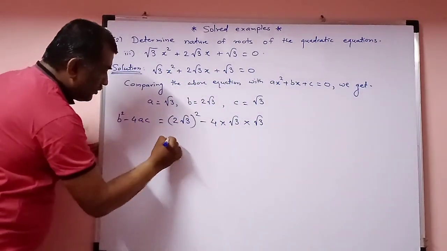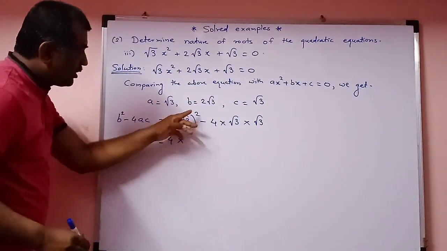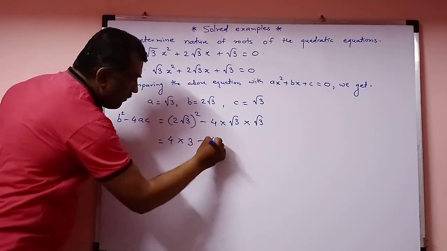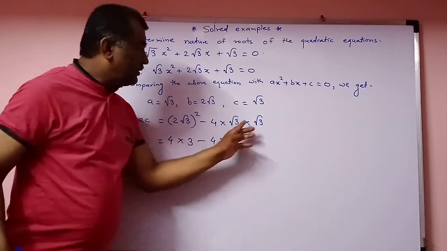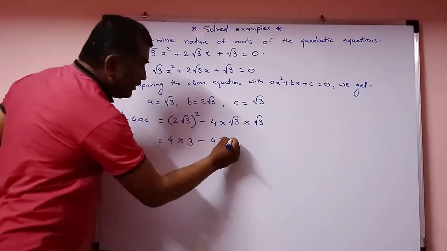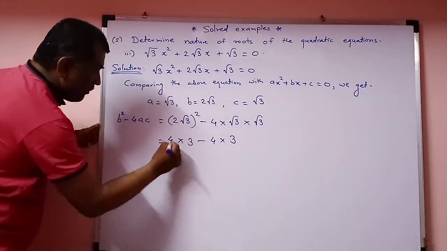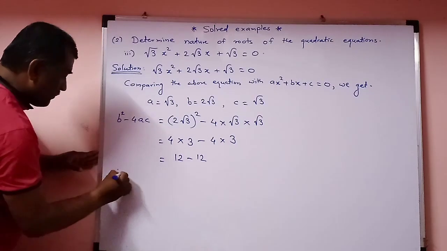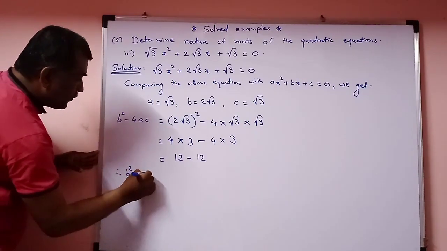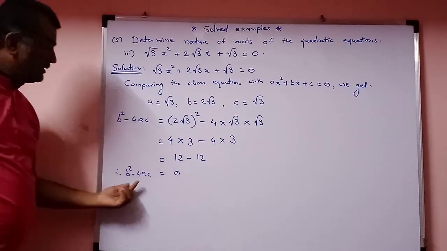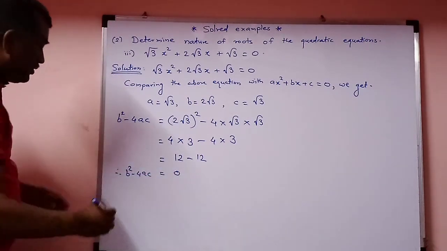Square of 2 is equal to 4 into square root of 3 square is equal to 3, minus 4 into square root of 3 into square root of 3, square root of 9. Square root of 9 is equal to 3. 4 3s are 12 minus 4 3s are 12. Therefore, b square minus 4ac is equal to 0. The value of b square minus 4ac is equal to 0.